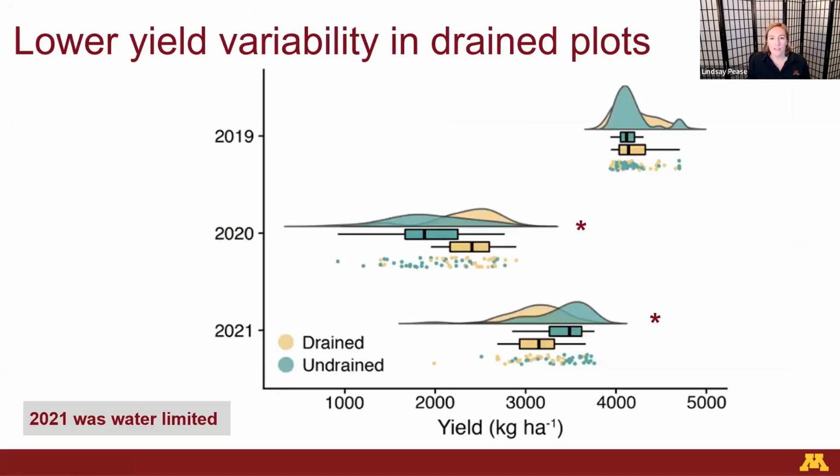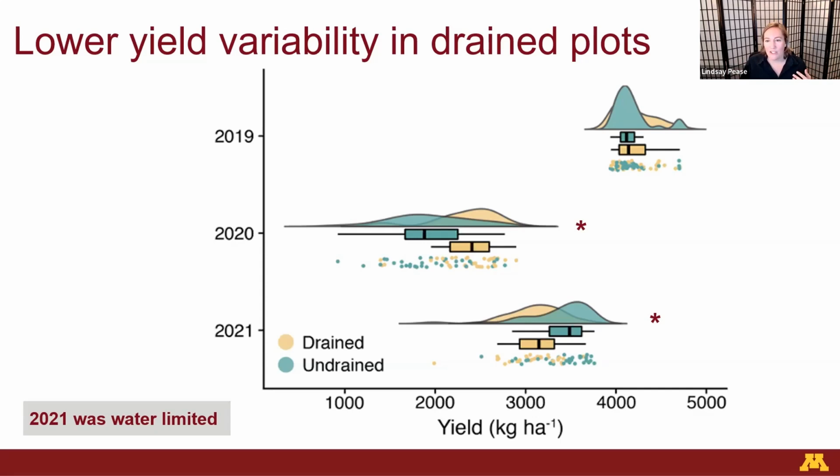But from year to year, what we saw is lower yield variability between the two drained systems. In 2019, obviously really good yields happening. These are all translated to kilograms per acre, but this is if my graduate student put this together, and so they put it into the SI units instead of bushels per acre, but you could sort of keep those numbers from the previous slide in your head.